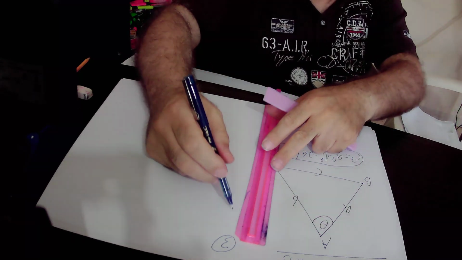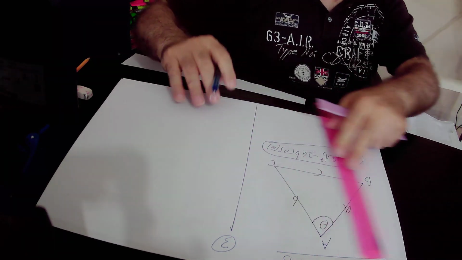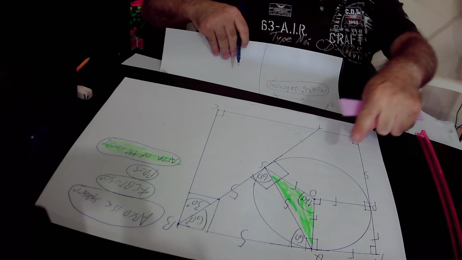In the next step, we will implement the law of cosines in the green triangle QOS.